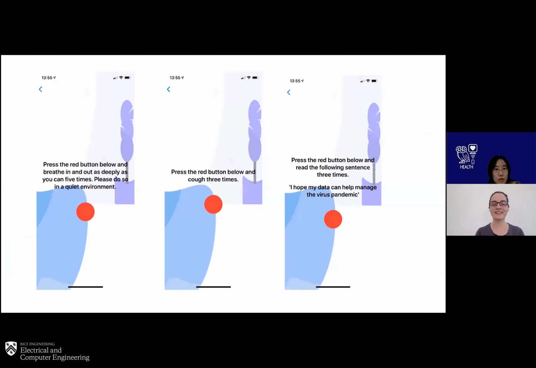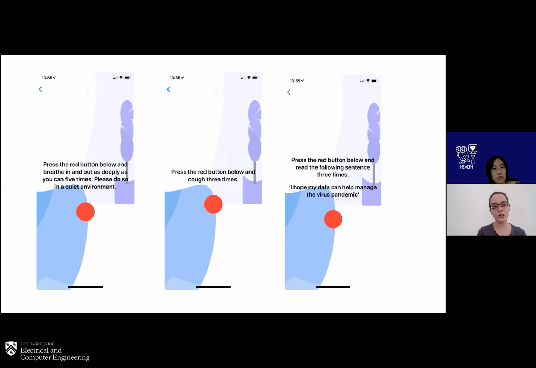So what does this tool do? Well, if you install the app on your phone, and this is the iOS version, so it has the 3 screenshots of some of the app screens, it will ask you for your age and gender, and it will ask you for your medical history and for your symptoms. So it's a questionnaire. And then it will ask you for something quite unique with respect to other apps that collect survey data about the disease.